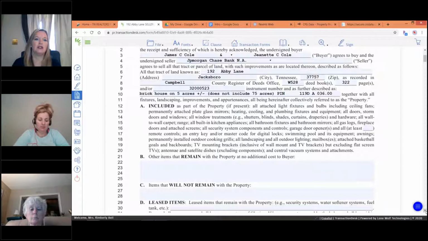Together with all the fixtures, landscaping improvements, collectively referred to as property. So on line 12, included as a part of the property if present, all attached light fixtures, bulbs, including ceiling fans. I find all the time, and I'm finding more, that people put smart bulbs in their houses.